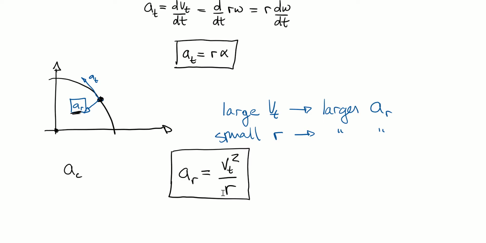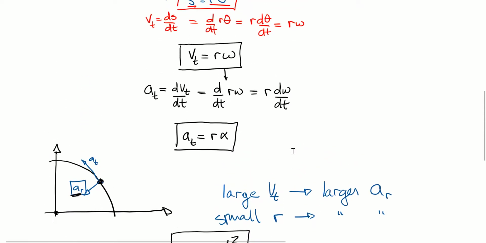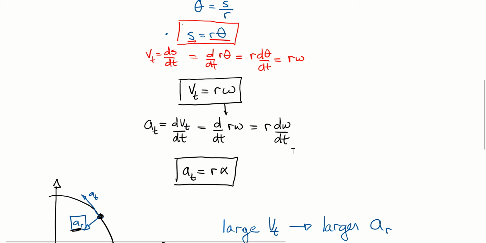We can connect both our linear descriptions of motion, where we're giving units of meters per second or meters per second squared, and our radial or angular description of motion. The one thing that we have to remember when we do this, though, is that these equations all started from this definition, which has to be in units of radians, right?